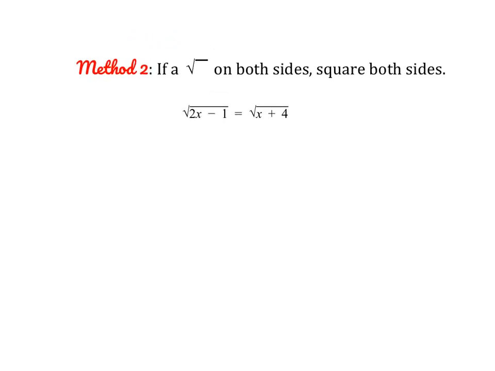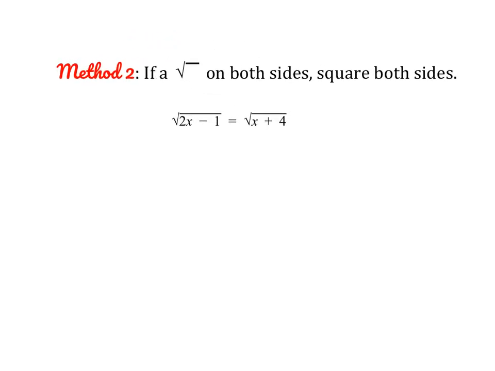Method 2 is when your equation looks something like this. If you have a square root on both sides of your equation, we can't really isolate the square root because there's 2 of them. So what we can do is square both sides in our very first step and then finish solving. When I see something like this, I can clear the square roots again by squaring both sides.